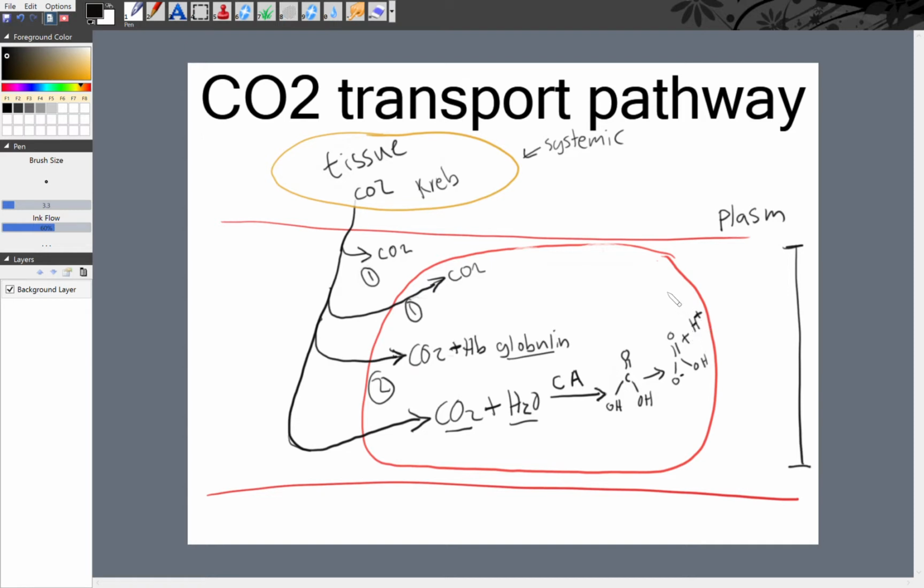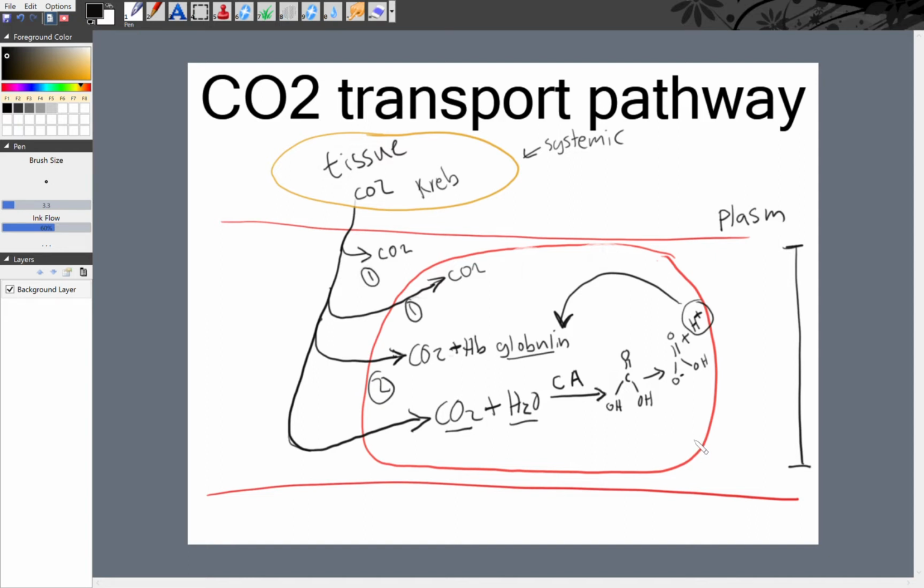So what would happen here is you'd get a huge accumulation of H+, right? But H+ actually also binds to the globin, and you wind up not having that much accumulation of H+, which means you don't get a super acidic red blood cell.